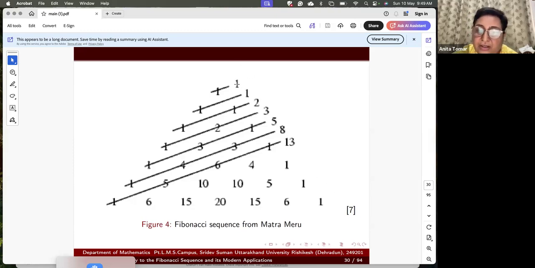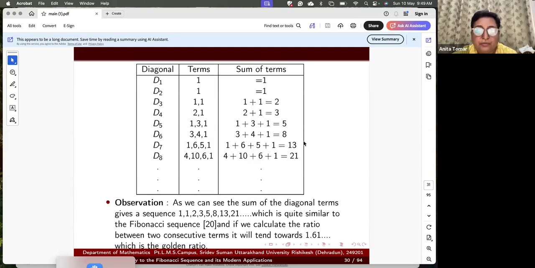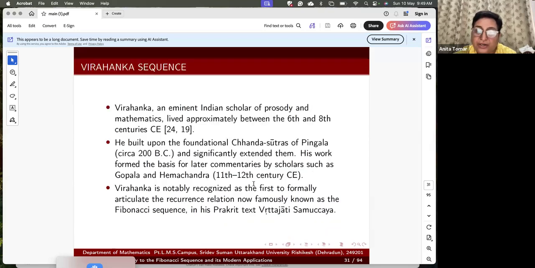So this is nothing but the sequence which we call today the Fibonacci sequence. So we can see that the diagonal sums give a sequence similar to the Fibonacci sequence, and if we calculate the ratio between two consecutive terms, it will tend to 1.61, which is the golden ratio. Today we call it the golden ratio. So all this was given by Pingala.